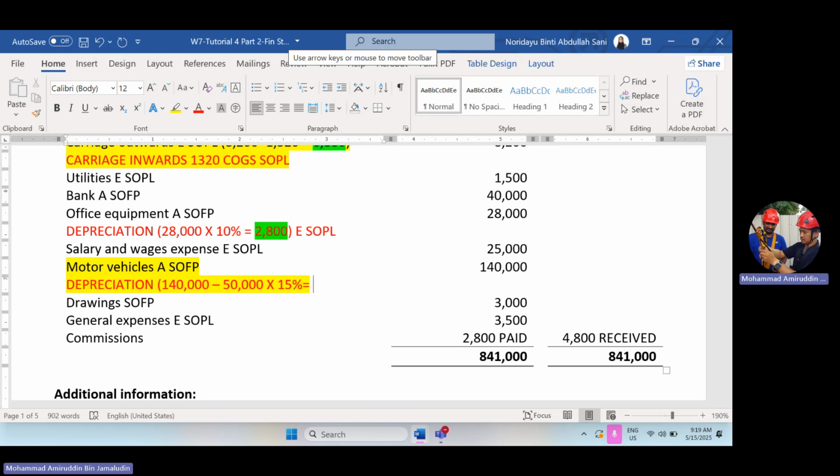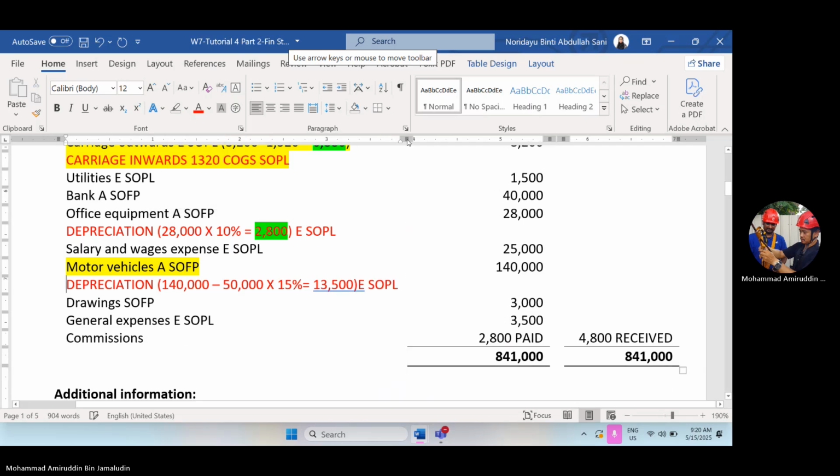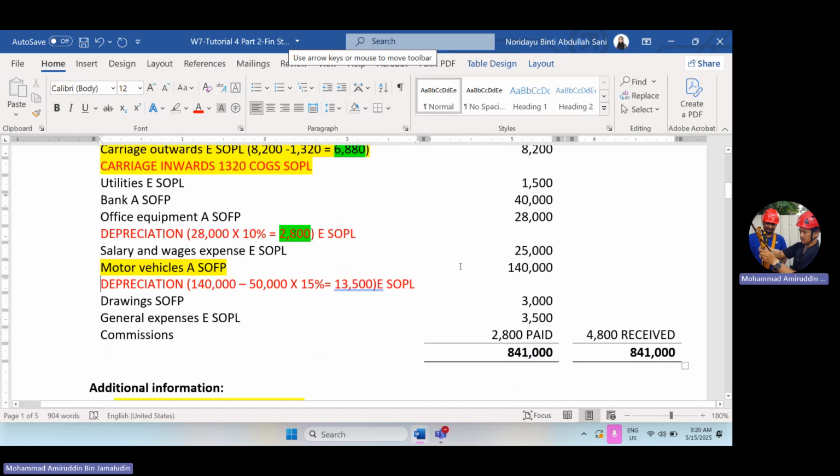So 90,000 multiply 15%, we will get 13,500. So we will charge this to our expenses under SOPL.